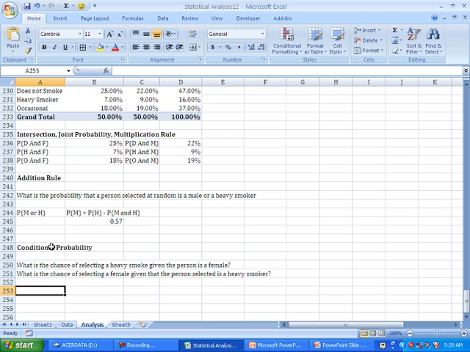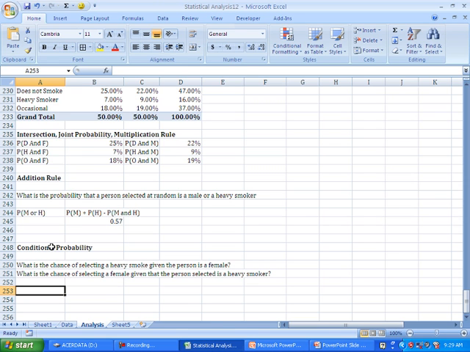Or in the second case, it is known that the person whom I have selected is a heavy smoker. So, we are talking about selecting a person on the second variable, assuming that in the first variable the value is already known. Right? So those kinds of things, we call conditional probabilities.